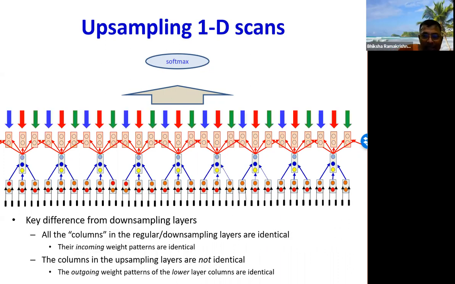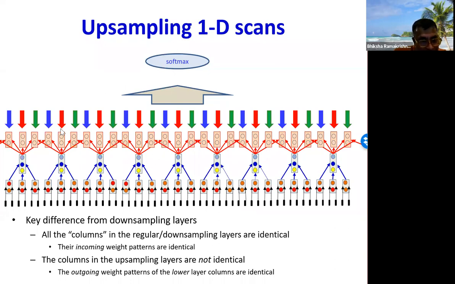Now, there's a fundamental difference between downsampling or size maintaining layers like these and the upsampling layers. In the downsampling, or what I call the regular layers, all of the columns are identical. Every column is reading 3 inputs from the previous layer, right? But if you look at the upsampling layer, you have different types of columns.